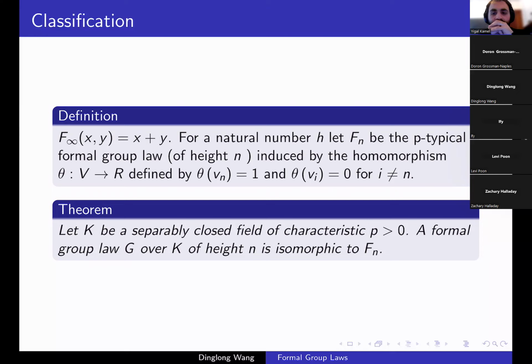The theorem tells you that if K is a separably closed field of characteristic p bigger than 0, a formal group law G over K of height n is isomorphic to Fn. So the height here is really important. It tells us the isomorphism classes of formal group laws over this certain field K.